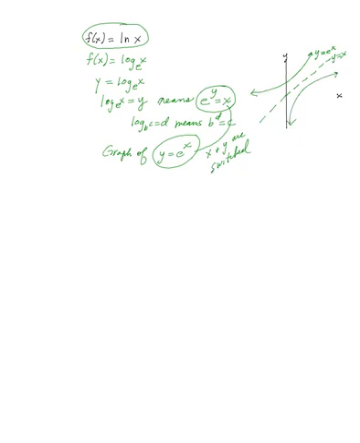So this is the graph of x equals e to the y, which is the same as y equals natural log x. If you go to your calculator and graph y equals natural log x, you're going to get a graph that looks like this one.